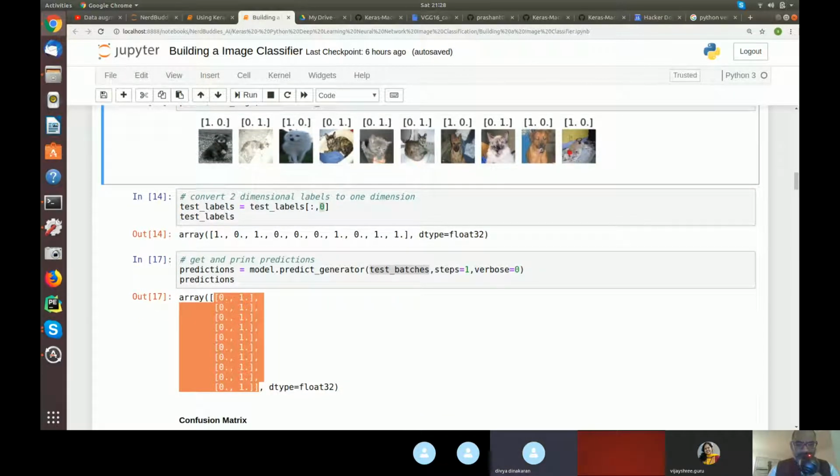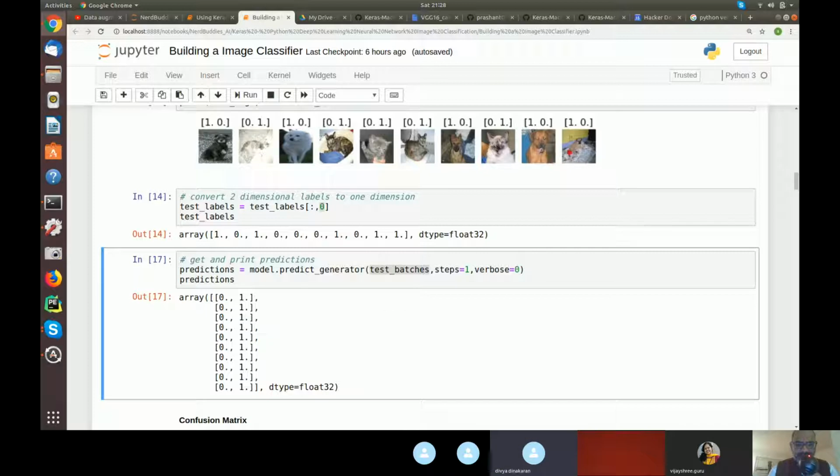So essentially the predictions it is giving is of a cat. So this model is taking every image and it's classifying it as a cat. And since half the images were cats and half the images were dogs, we got accuracy of 50%.